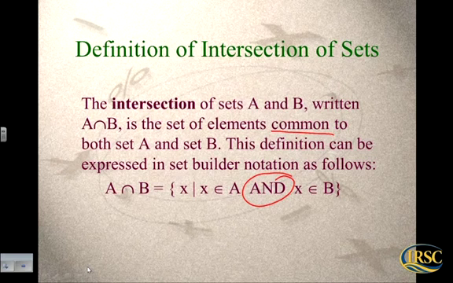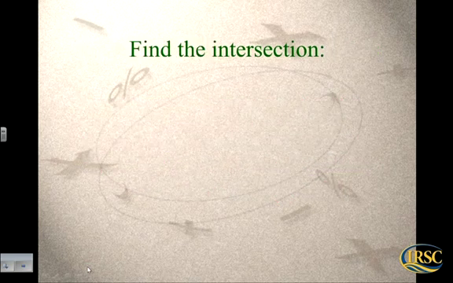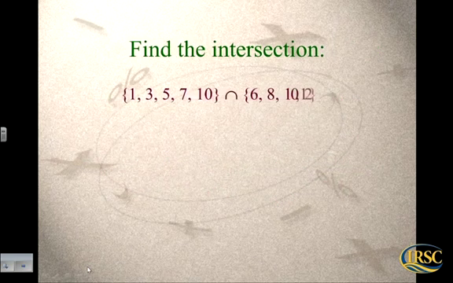Intersection always means what they have in common. So this could be what your problem looks like: you have a set, that intersection symbol, and another set.